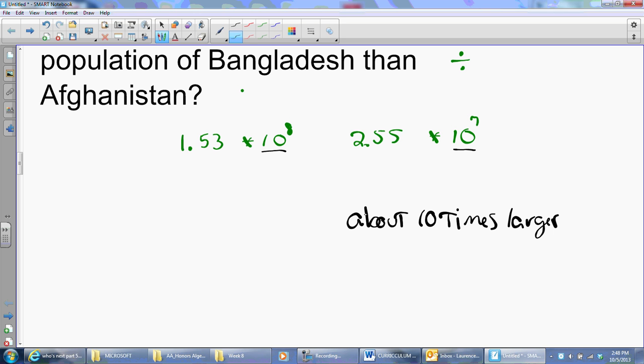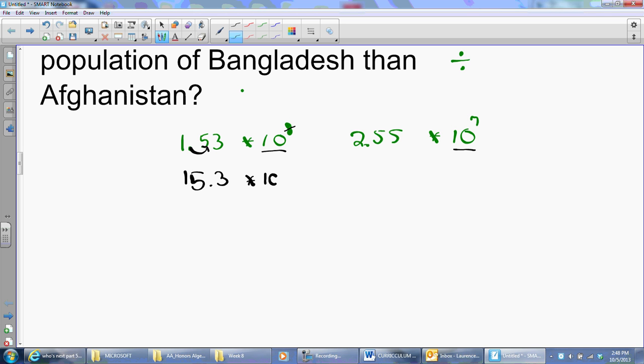Maybe I'll get rid of this idea and I'll start to apply it like this. Maybe I'll multiply that by 10 to turn it into 15. And then that, of course, would divide by 10 and cause it to be 10 to the 7th, right? And then I could compare these two numbers.